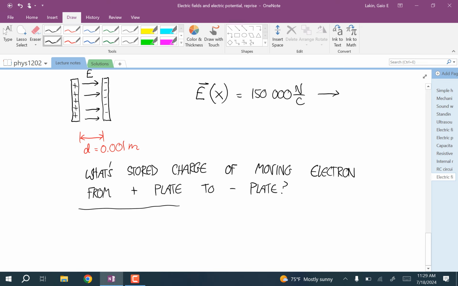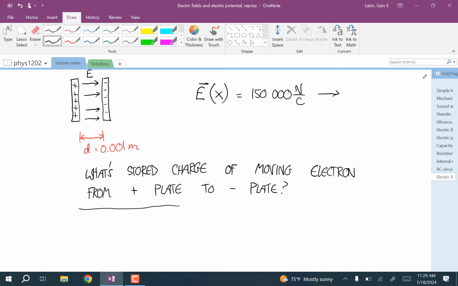So remember, to store energy, you always need to move your object against the field. So, well, you have to move it against the force that's being applied. So let's think about the force that's being applied.